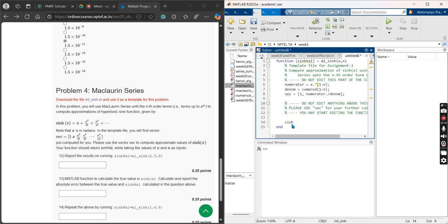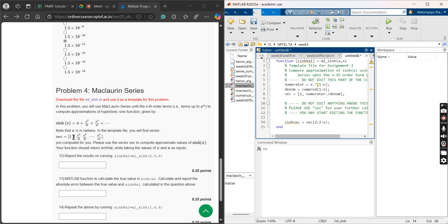sinh vec would be, we will take elements from this vec. Fine. So we will start with the second term, since this vec starts from x, x square divided by 2 factorial, and likewise. And for calculation of this sine hyperbolic, we need the x value, then x cube divided by 3 factorial, and likewise.